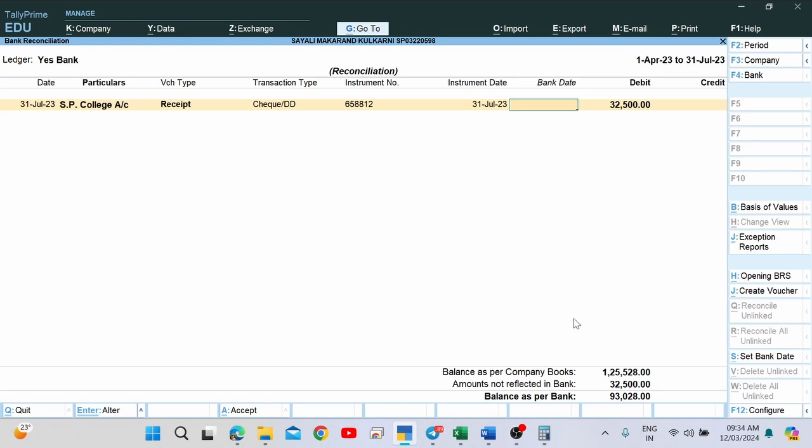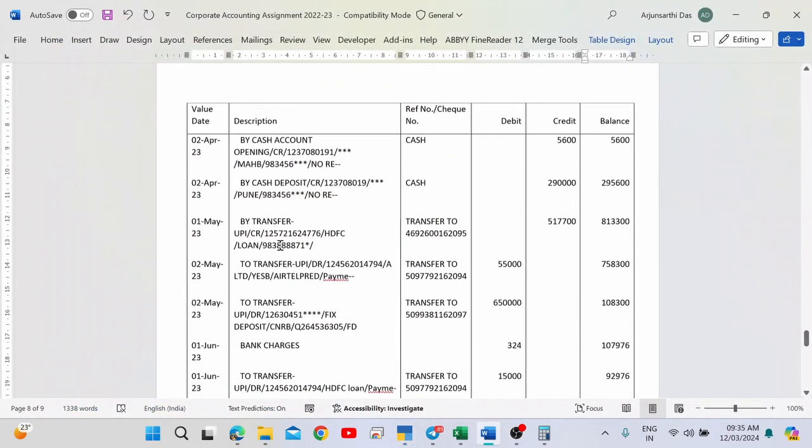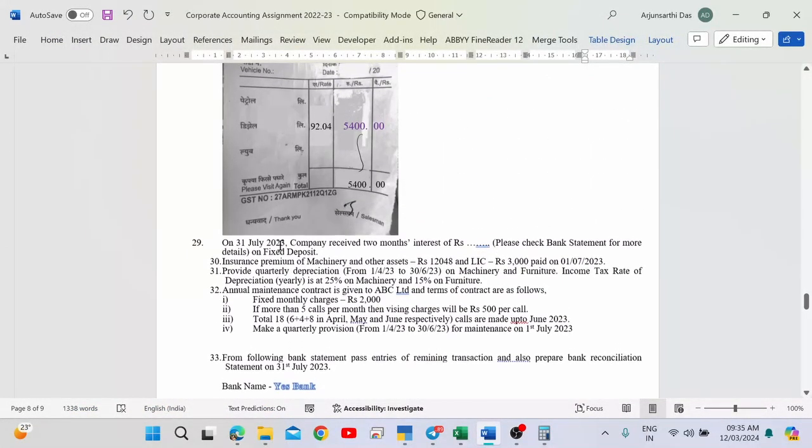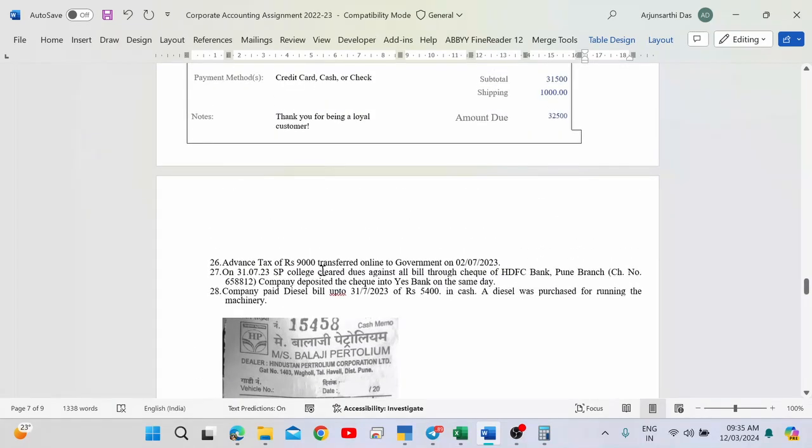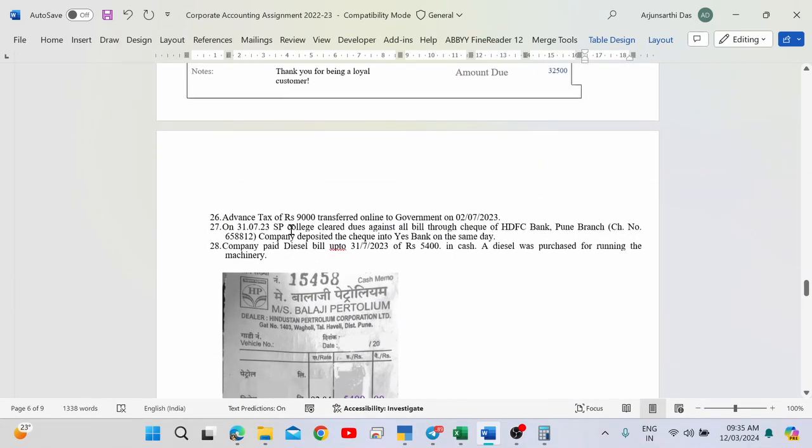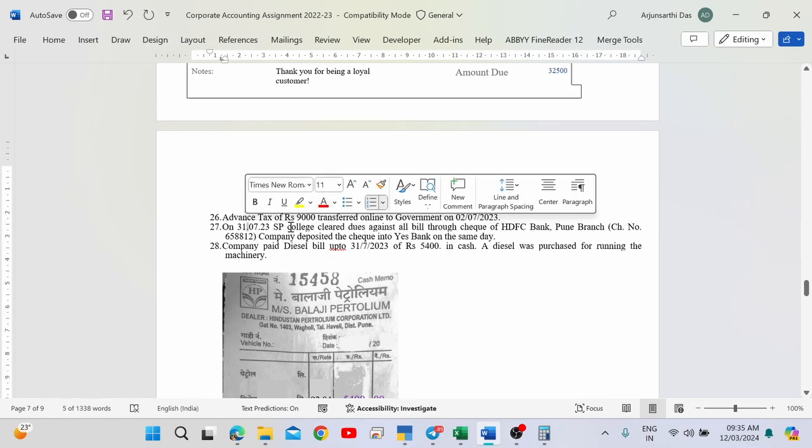Some students are asking why there is no debit for this 32,500. My dear students, if you read the transaction you will come to know the reason. We have got the check from SP College on 31st July.